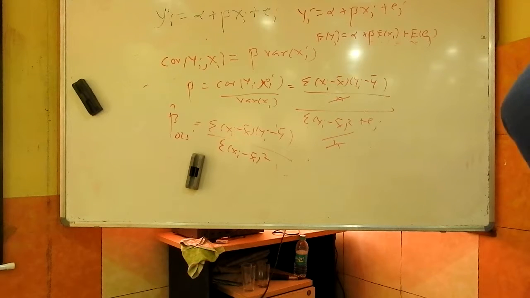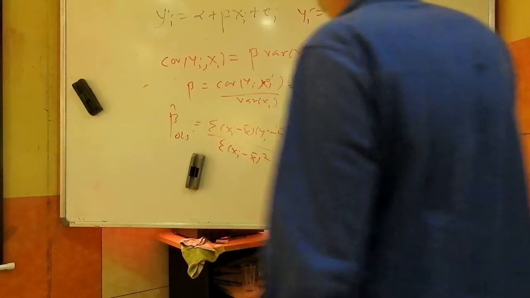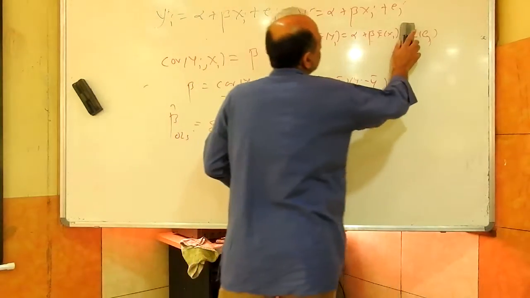So I get the average of yi minus the average of yi. Basically, if you average out the deviations from an average, they will always be 0. So the expectation of ei is 0 for us, and this becomes 0.